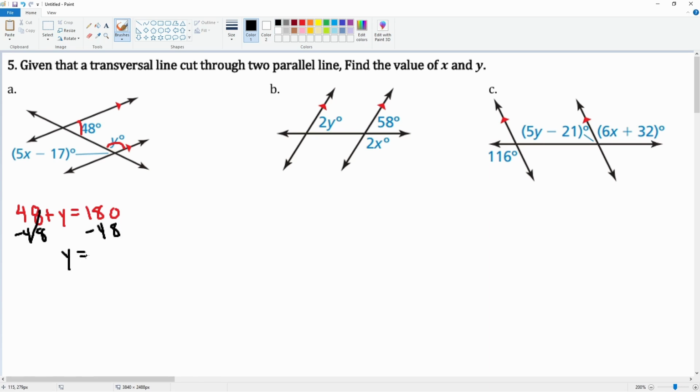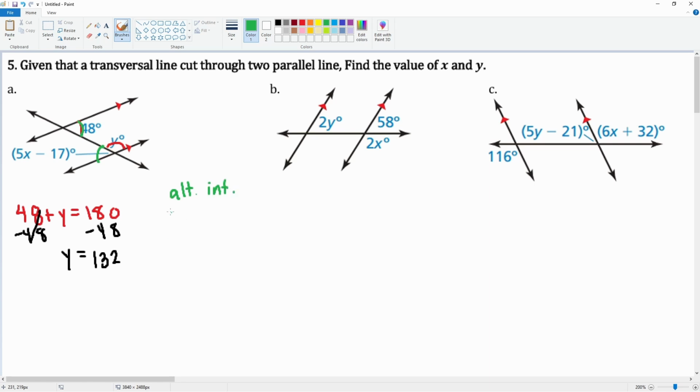Y is going to be 180 minus 48. That gets you y is 132. Notice that this 48 and this 5x minus 17, that is alternate interior angles.